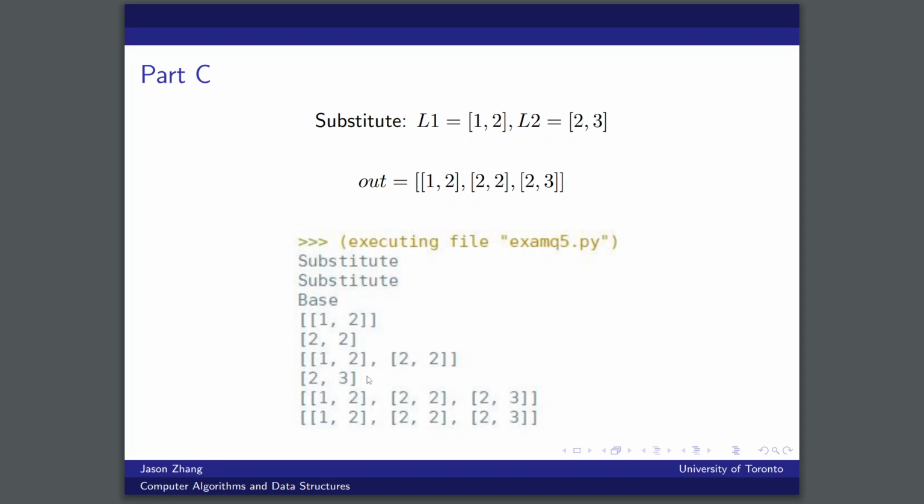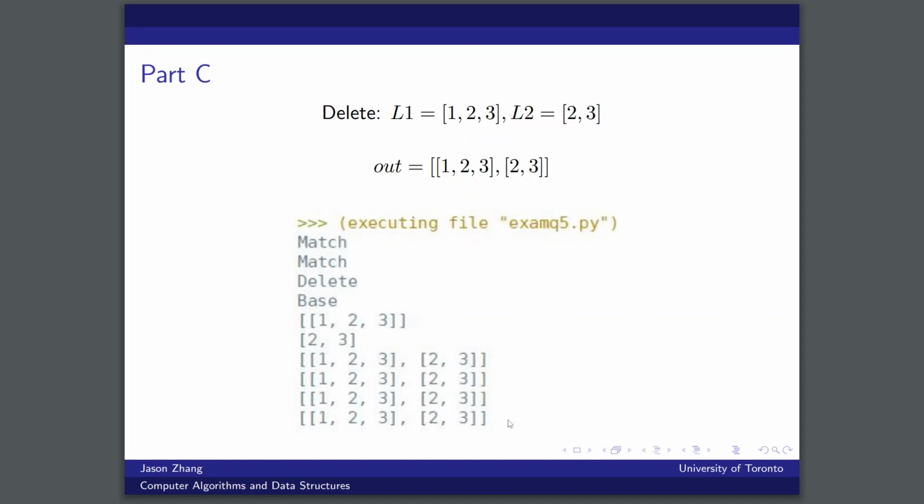This next recursive call will be another substitution. Because it's another substitution, it'll perform that substitution on the temp variable, which will create the list 2, 3. This temp variable then gets appended to our out list, which is returned, and then we print it again. So this is the final answer. And as you can see, the first list has to be L1, and the last list has to be L2. And the lists in between show how we get there.